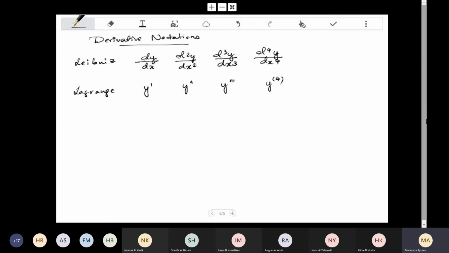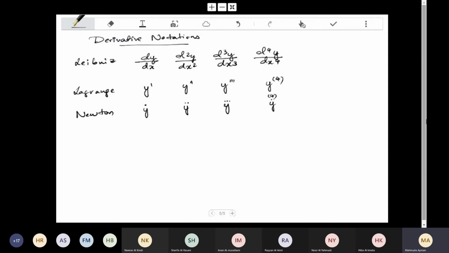From the fourth prime, it is represented as a number rather than dashes. And then there is one more, less common notation, the Newton's notation. So you have y dot, y double dot, y triple dot, and similar to the Lagrange, here we'll write the number 4 above. This is mostly seen in science or mechanics with respect to time, but we'll not be using this notation in our lesson here.